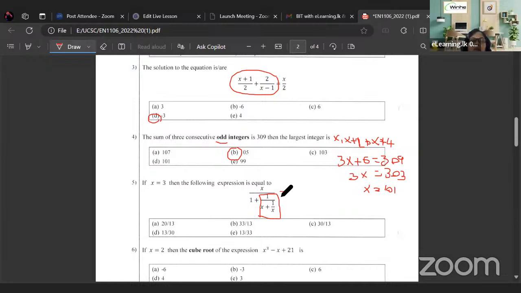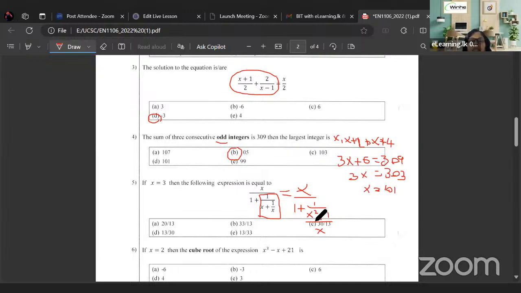If you solve this, numerator is x, in denominator x plus 1 divided by x plus 1. Instead of x plus 1 over x, you can write x squared plus 1 divided by x. Right?